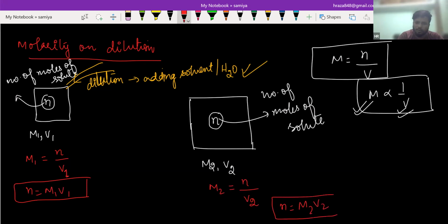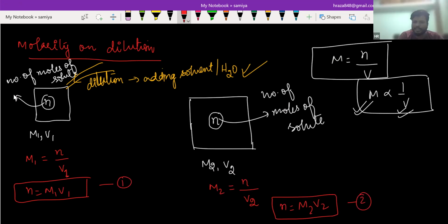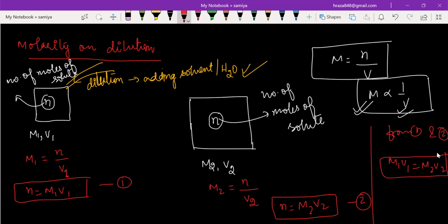From equation 1 and equation 2, both are the value of N. So from 1 and 2, M1 V1 is equal to M2 V2. Yes, sir. So please write it, and then I'm going to give you a question on this one.